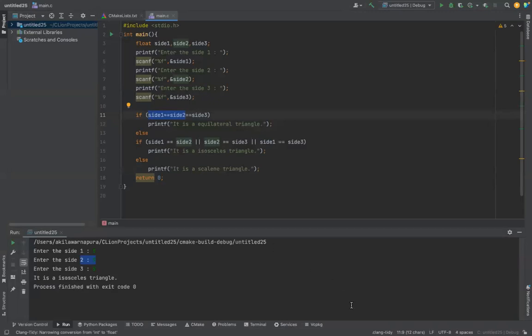That means the output of this part is true, 1, because it is true. Then you are checking equal with side 3. What is side 3? Side 3 is 5. Now you are checking 1 equal to 5. It is false. Did you understand the mistake?